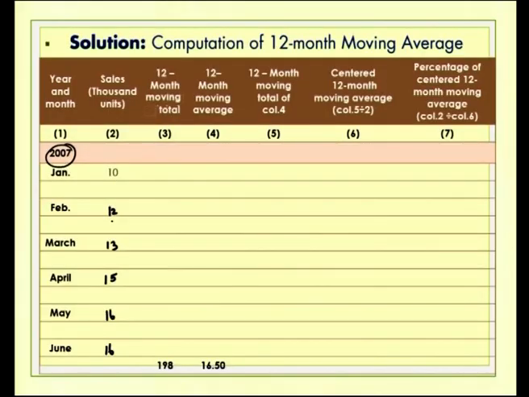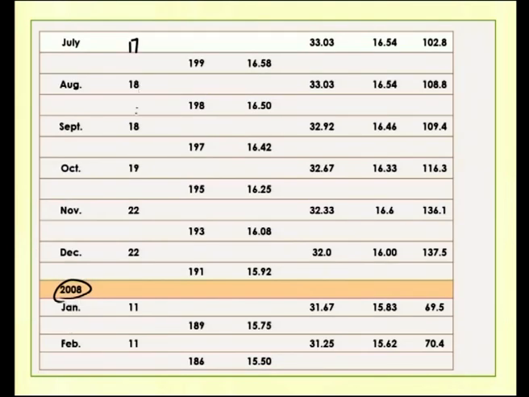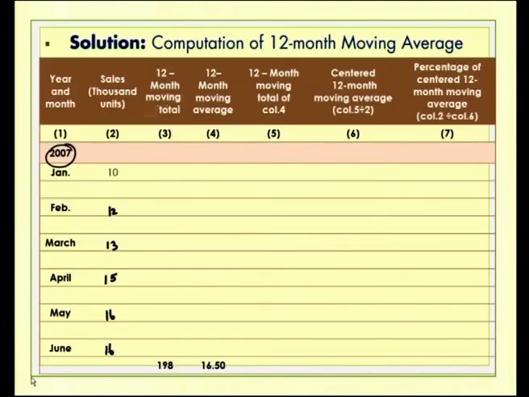The first 12 values are 10 plus 12 plus 13 plus 15 plus 16 plus 16 plus 17 plus 18 plus 18 plus 19 plus 22 plus 22, which gives you the total 198.